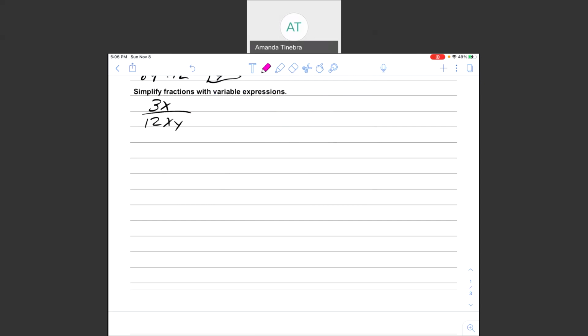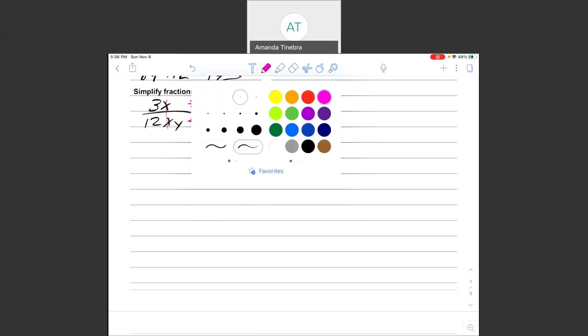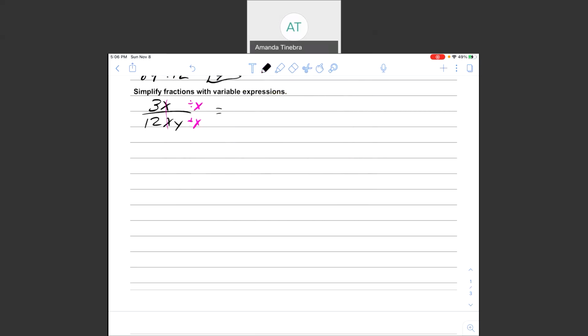So here, if I have 3x on the top and 12 times x times y on the bottom, here I see right away that I have an x and an x. What that means is that I can divide by x on both the top and the bottom, and these x's are then just going to cancel out. That leaves me with just a 3 on the top and 12y on the bottom.